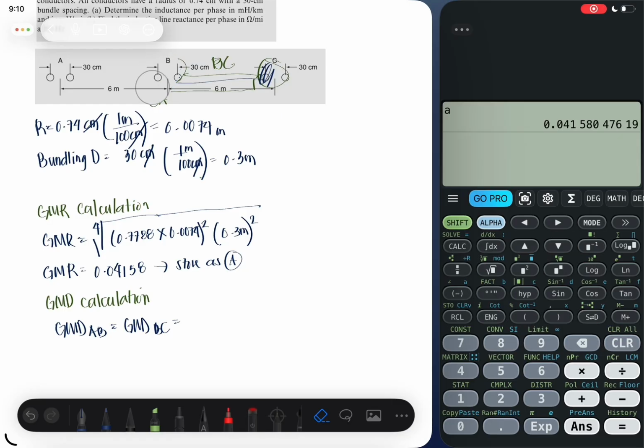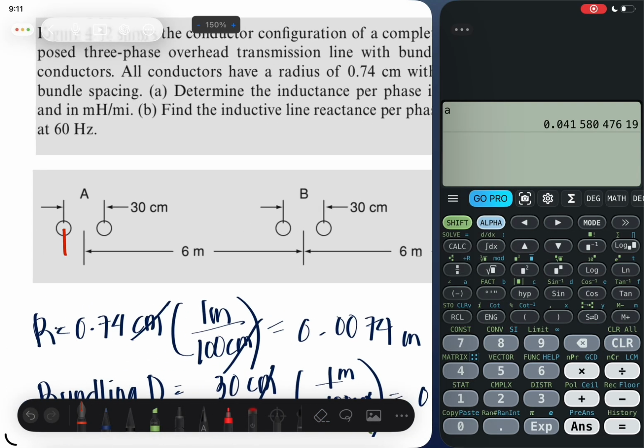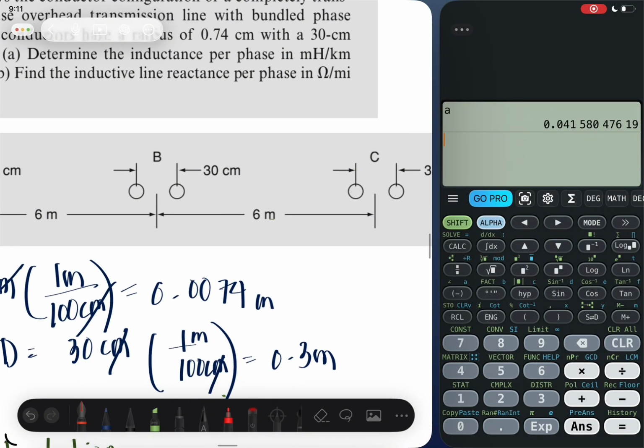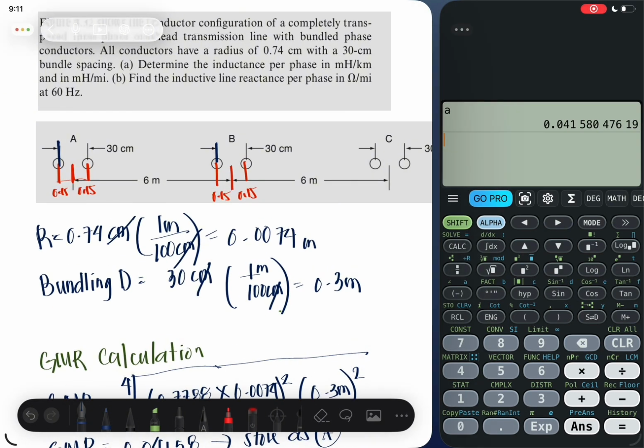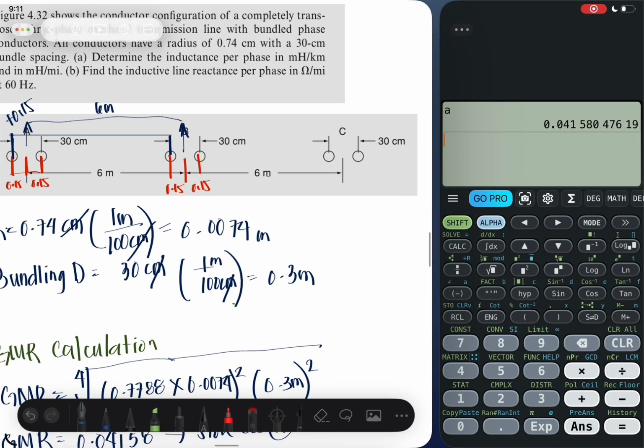When phases are made up of bundled cables containing multiple strands, we calculate the GMD between two phases by measuring the distance from every single strand in the first phase to every single strand in the second phase. We then multiply all of those distances together and take the corresponding mathematical root, which is vital for predicting voltage drops and balancing the electrical grid.